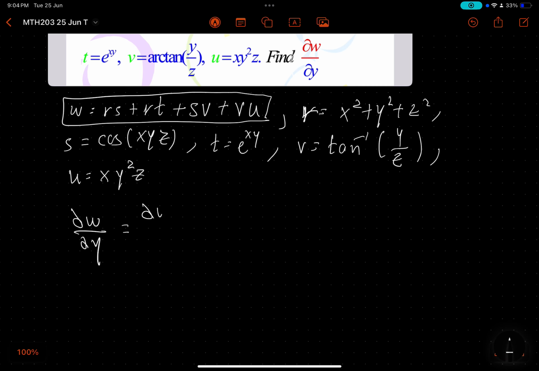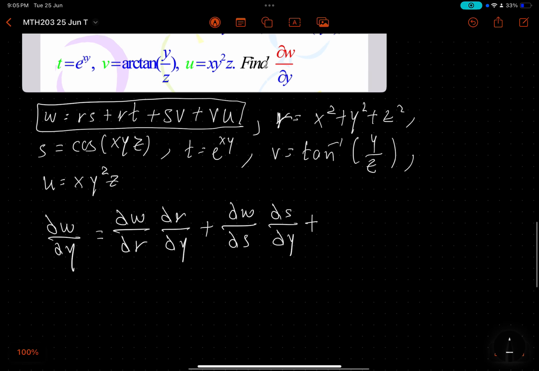So partial derivative of w with respect to the first r, then r with respect to y. Partial derivative of w with respect to s, multiplied by the partial derivative of s with respect to y also. We're using the same variable here.